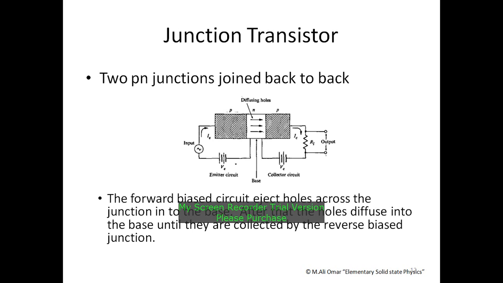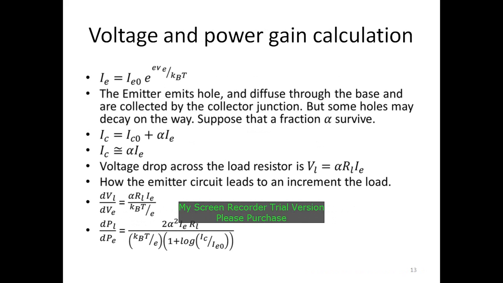Now let's extend our discussion and see a mathematical derivation of this phenomenon. The emitter circuit is forward biased, so the emitter current can be written like this. We already saw it for the forward biasing circuit.